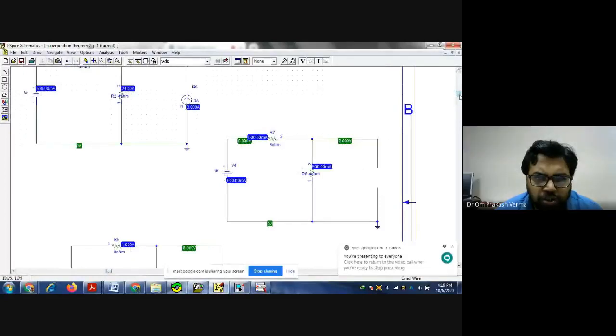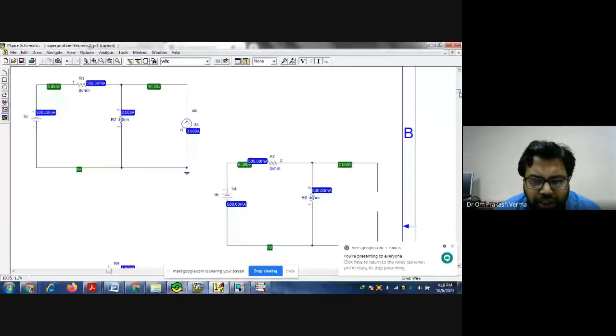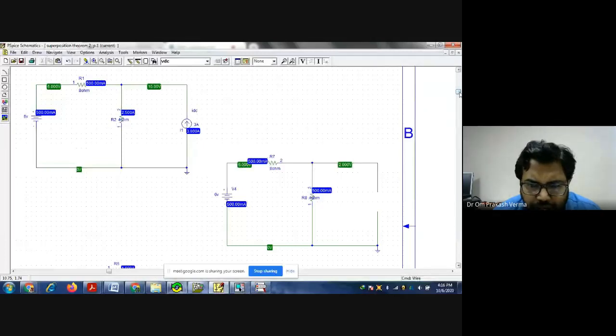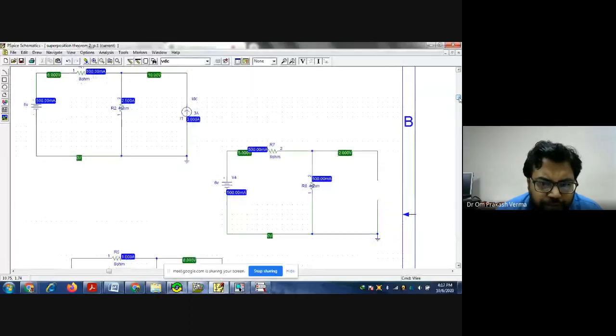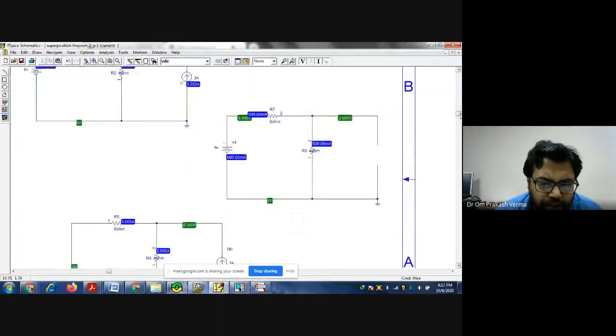Okay, so for the 6 volt source, you can see the current is 500 milliampere. And now you can see the same result here: 500 milliampere is going through the 4 ohm resistance, and 2 volt. Overall, you can show the below part due to the 3 ampere current source. Yes, very good.